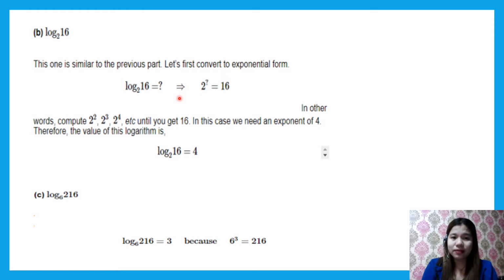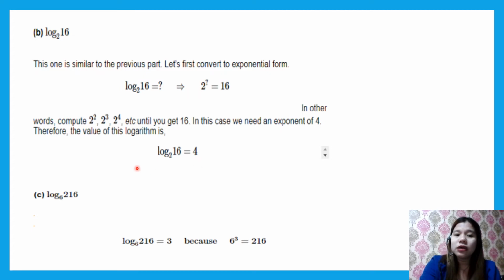Times 2 ulit is 8. Times 2 ulit is 16. So, nakailang times 2 kayo? Bali, 4. Okay, so 4 yung pinaka exponent. So, from this logarithmic equation, gagawin natin siyang exponential form, 2 raised to 4 is equals to 16.